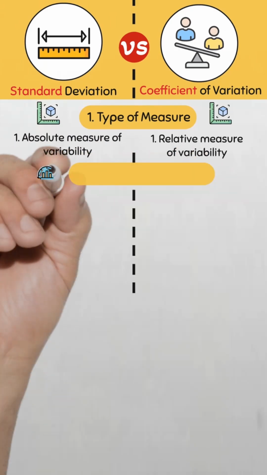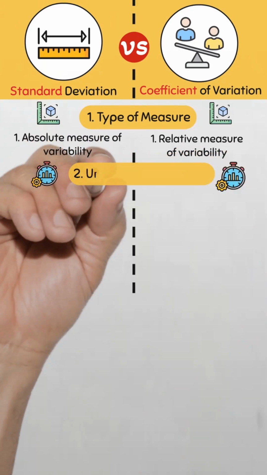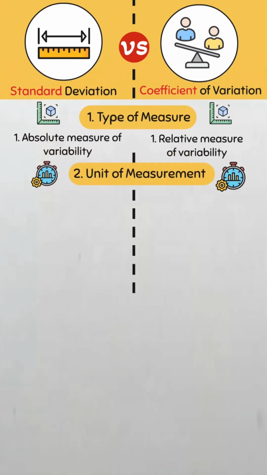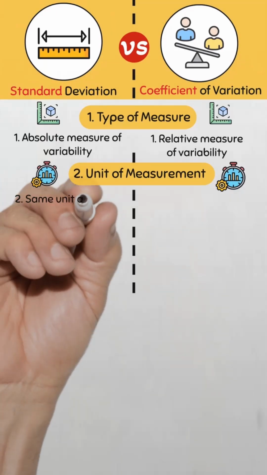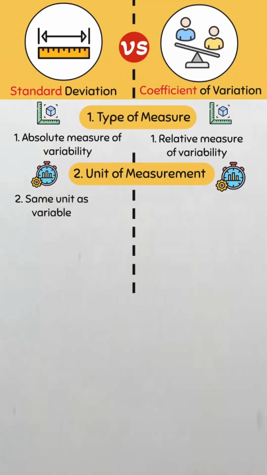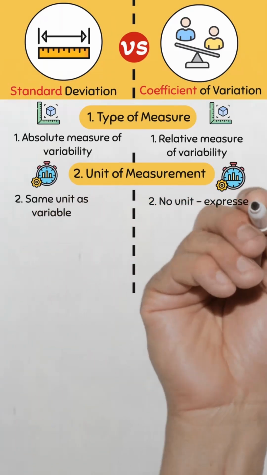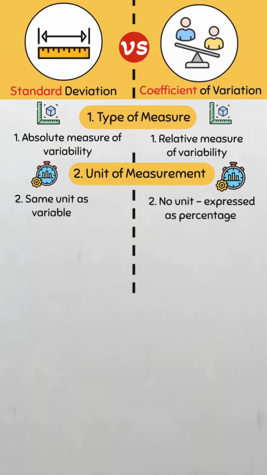So let's go into difference number two, the unit of measurement. Standard deviation uses the same unit as your data. So if you're measuring blood pressure in millimeters of mercury, mmHg, the standard deviation is also in millimeters of mercury. But coefficient of variation has no units, since it's a ratio, and in most instances it's just represented as a percentage, making it easy for you to compare different data sets.